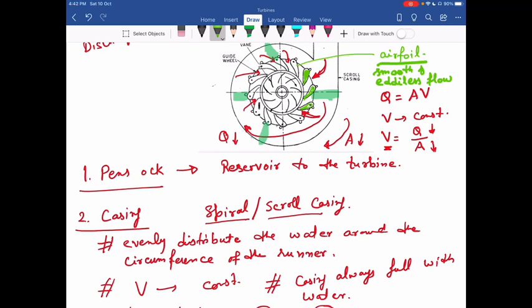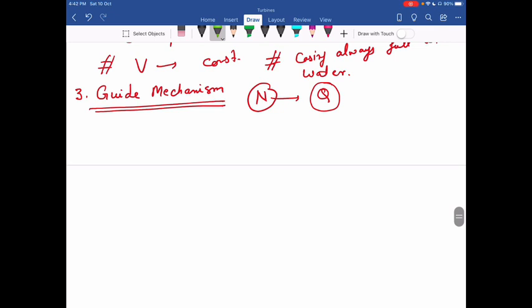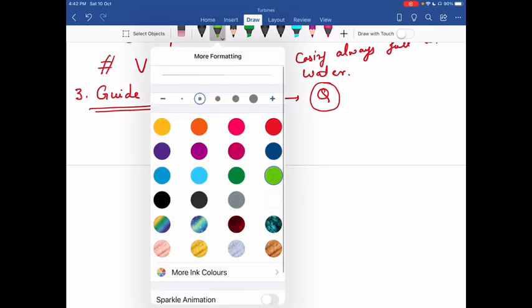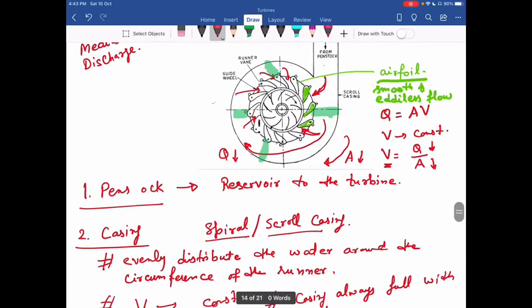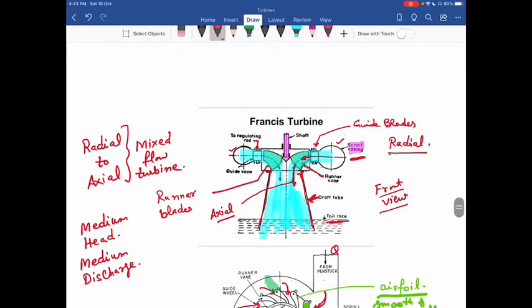Okay. Then the another is the runner. Okay. So the runner of the Francis turbine is keyed to the shaft. So you can see here, this is the runner, with these vanes along the whole periphery.